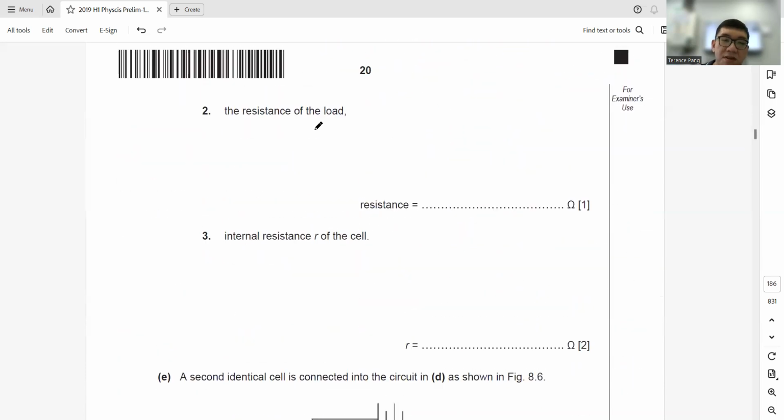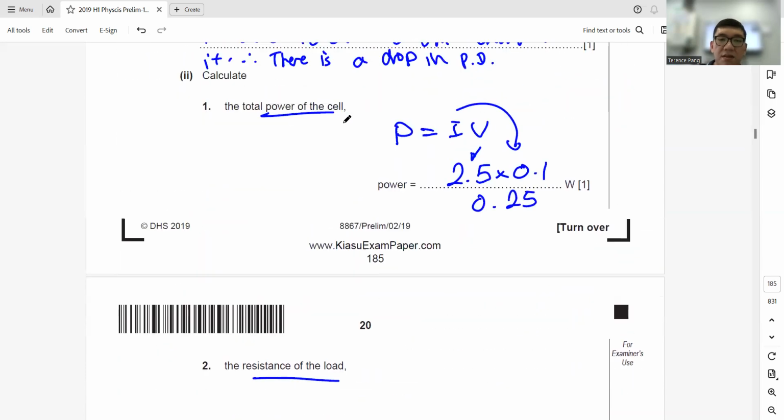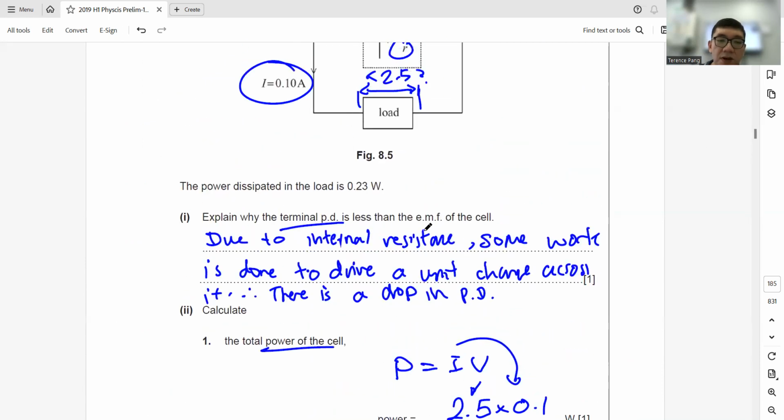Resistance of the load. So we use what information is given about the load, 0.23 watts. This is power once again. So we can use P equals IV.